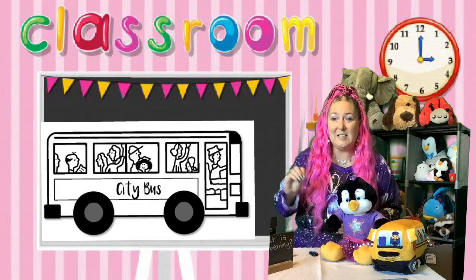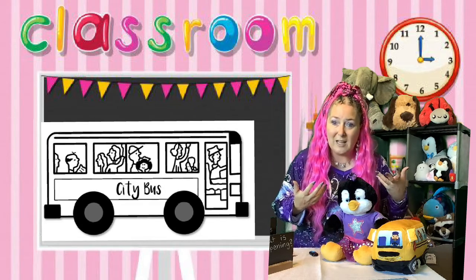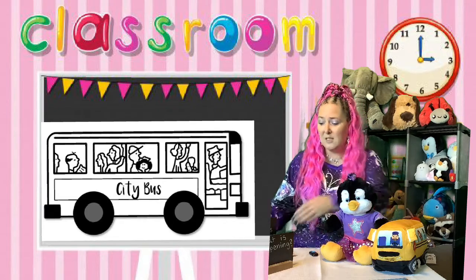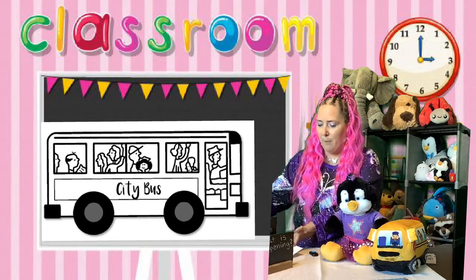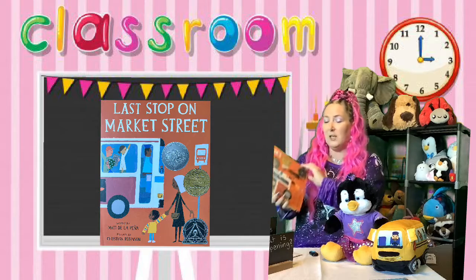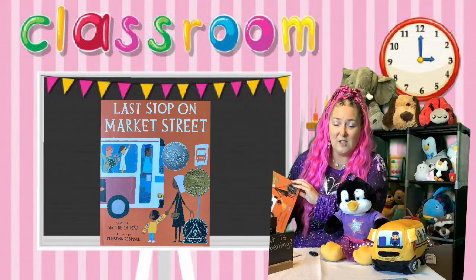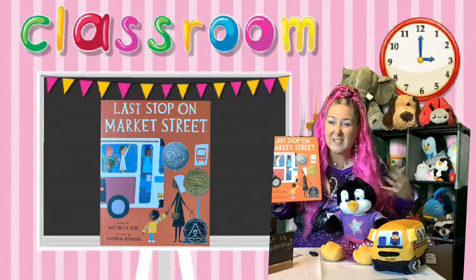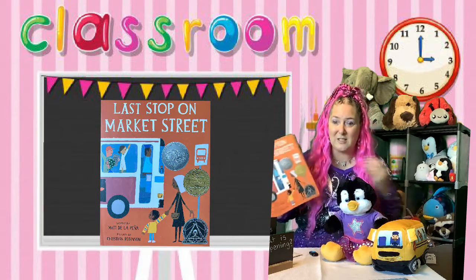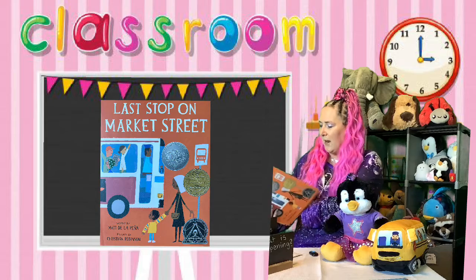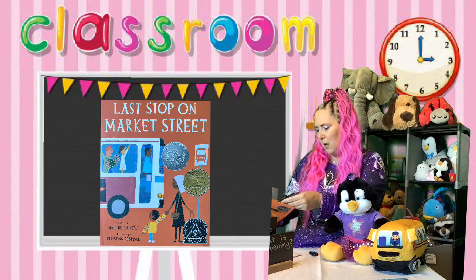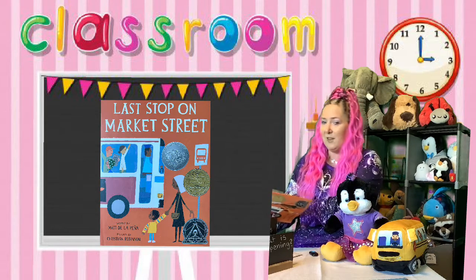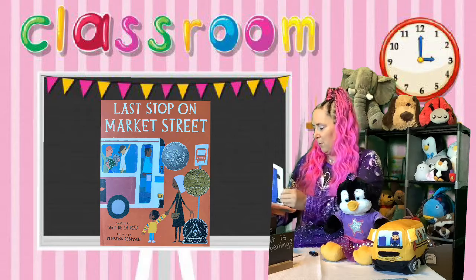You can add details to a picture, or you can add details to the words to make it more interesting. So in our book, I wanted to look at how the author adds details to the words, because we can see very plainly that the illustrator adds all kinds of details to the pictures. Let's see how our author adds details to the words. I'm going to turn to page 7 and 8 in my book, which looks like this.